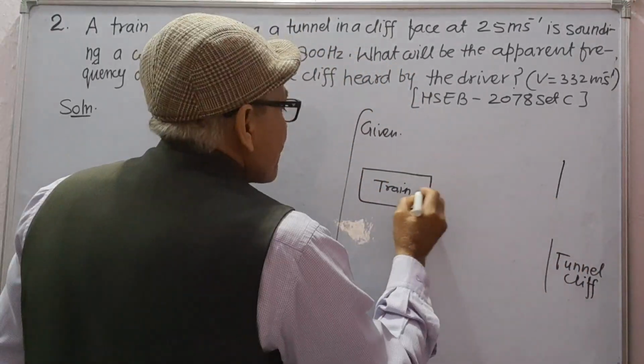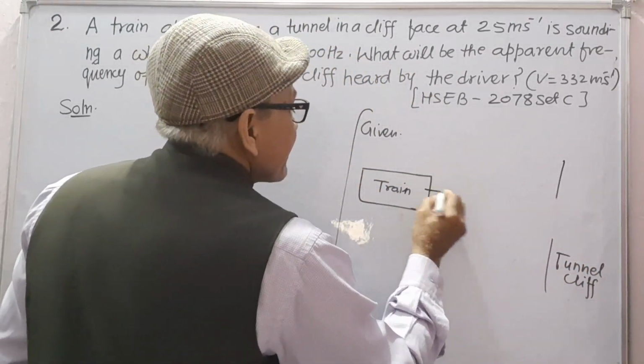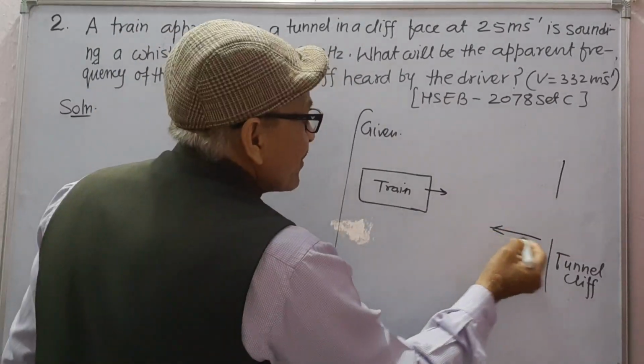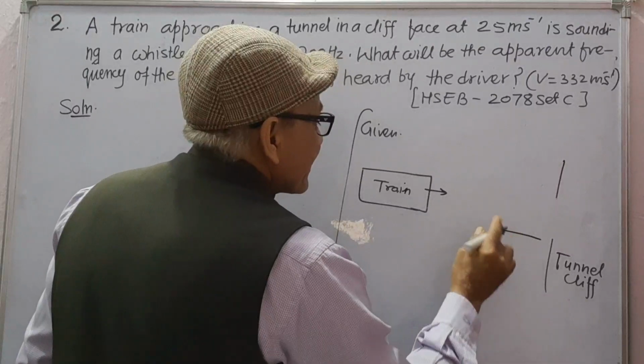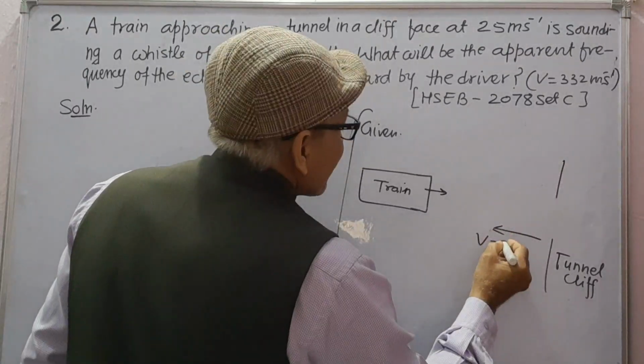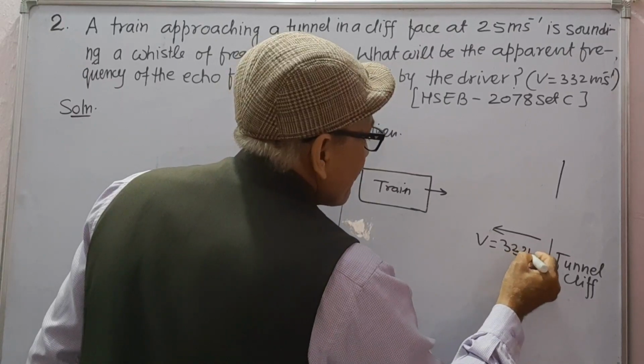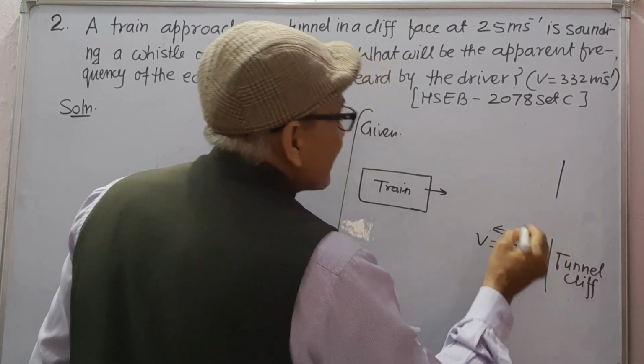So the driver of the train will listen to the echo sound coming towards the train. Velocity of sound in air is given to be 332 meter per second.